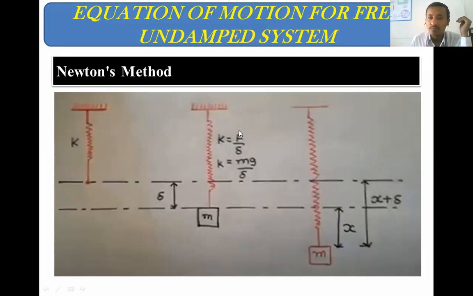Stiffness of the spring is given by force per deflection. So K is equal to F by delta. F means the force applied, here the force applied is equal to M into G, जो भी mass apply किया, multiplied by gravity, that is G, that will give the force F. So that's why K is equal to mg by delta.